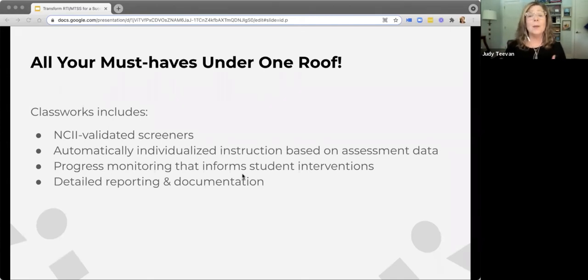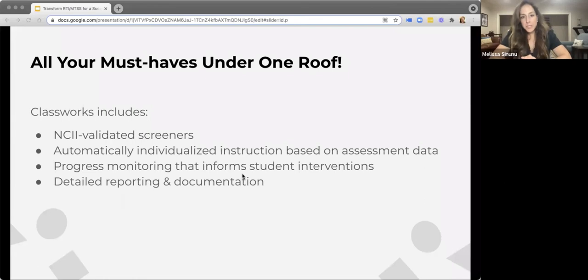The best of all, progress monitoring also adapts that learning path so that no student's intervention is ever out of date. Now, all the data is already centralized inside of Classworks, so it doesn't need to be moved into another platform. You have detailed progress monitoring reports, specific data on how students are responding to the skills of the intervention, and district dashboards that ensure that all practices are being implemented with fidelity.